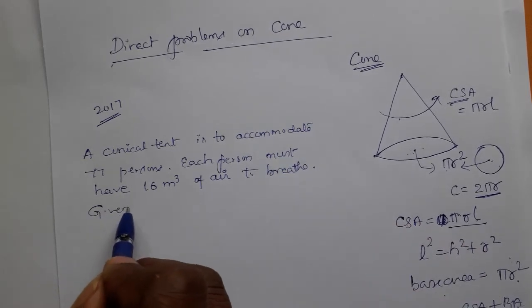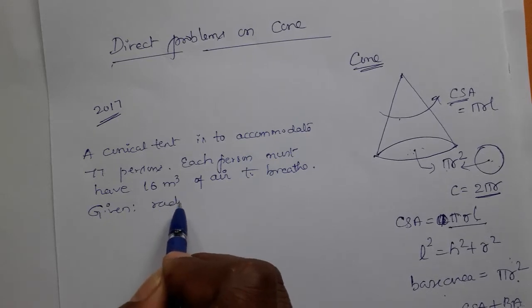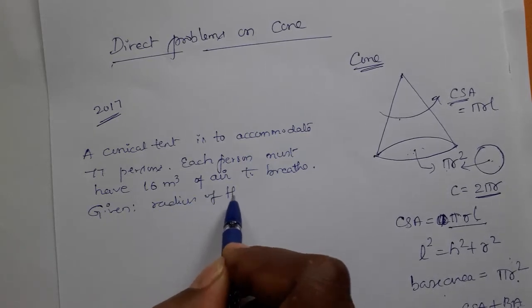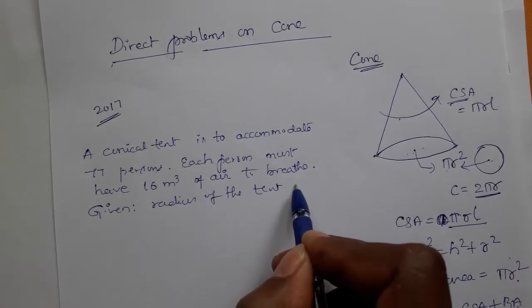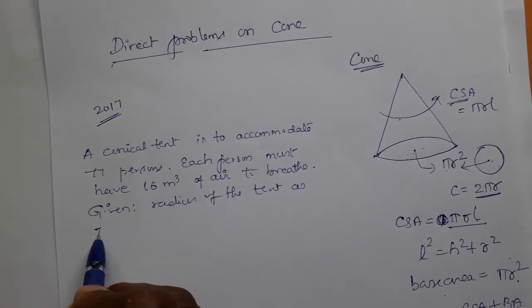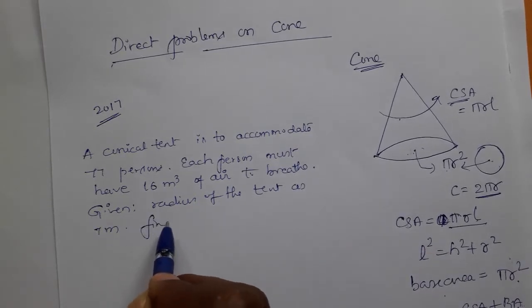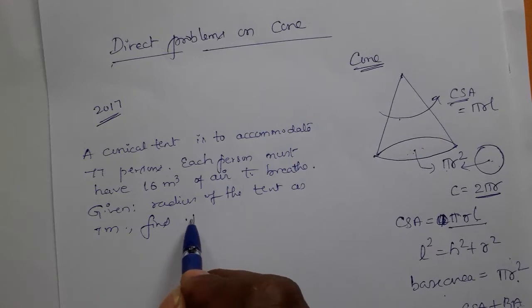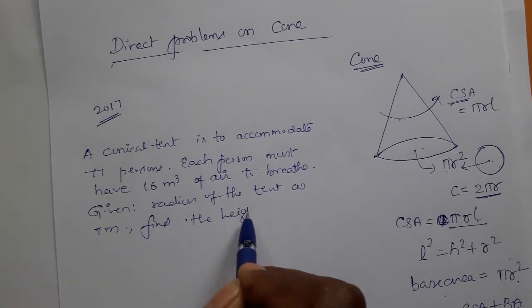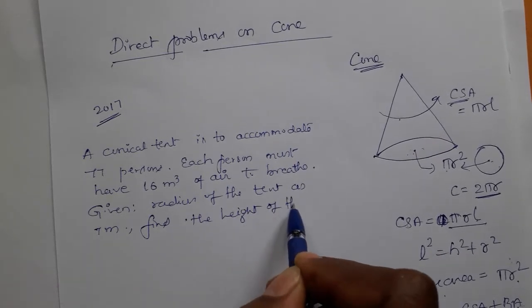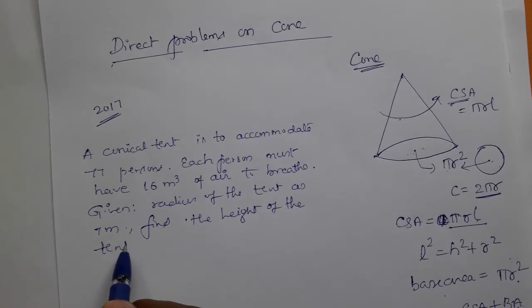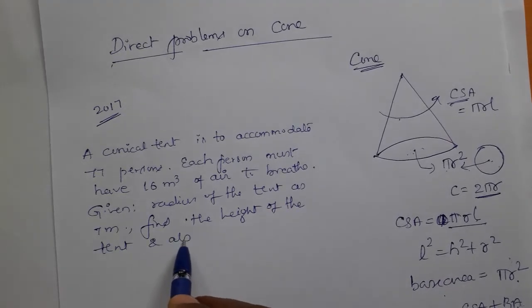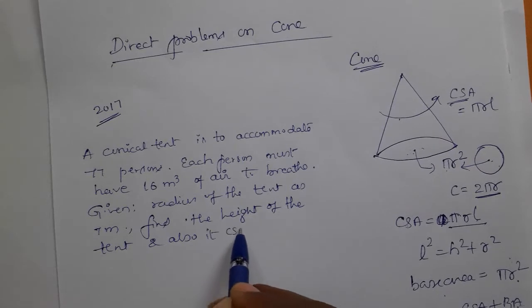Given the radius of the tent as 7 meter, find the height of the tent and also its curved surface area.